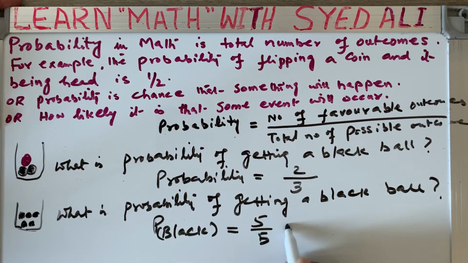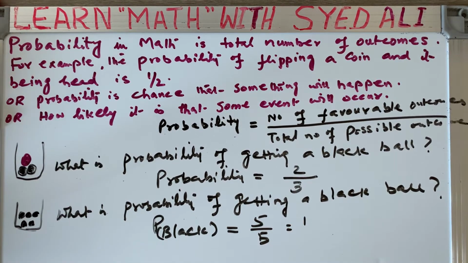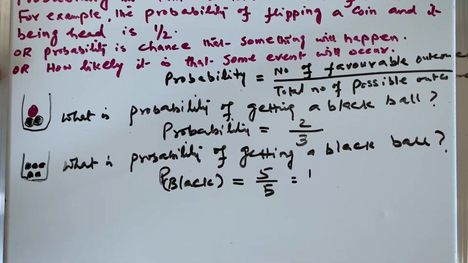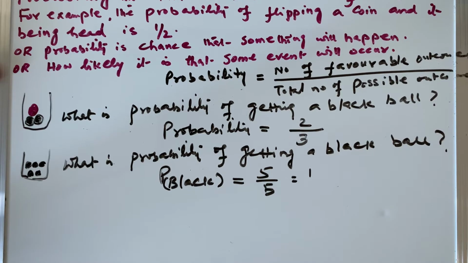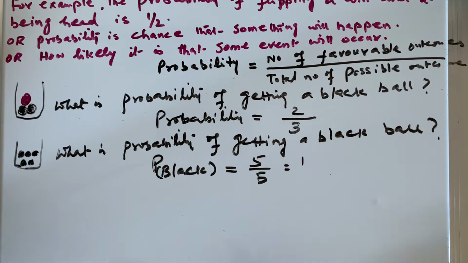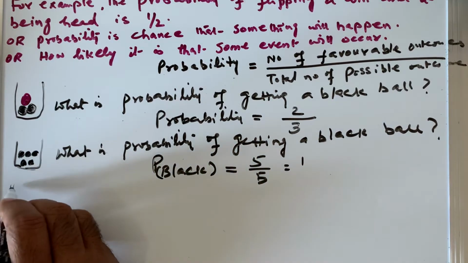That is 1. That means when all the outcomes of an event are favorable, the numerator and the denominator are equal. So I can write it for you because this is important to learn or memorize.